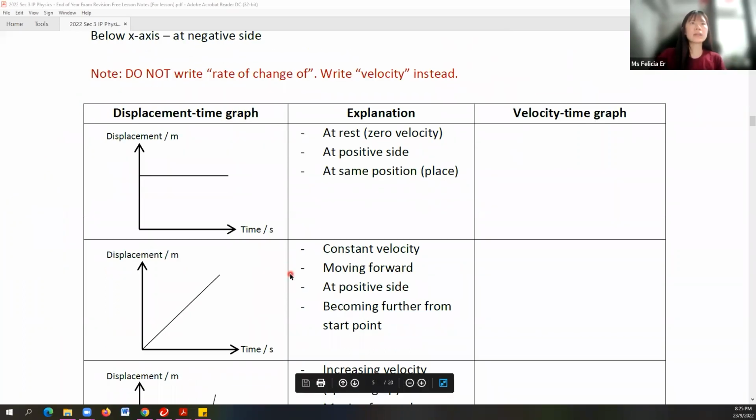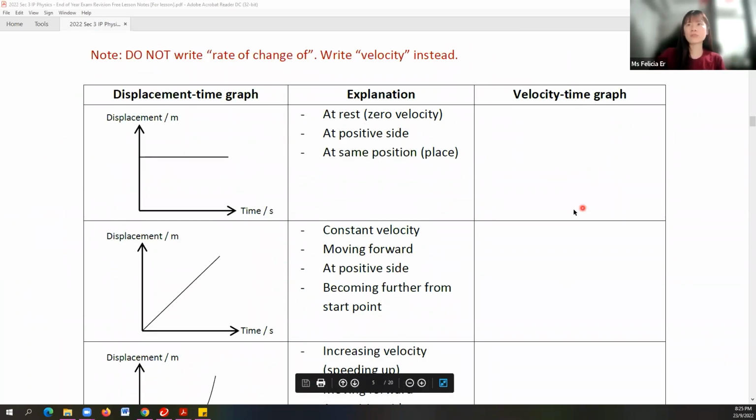Take note that right now we are going to do graph drawing. If it's sentence writing in kinematics, they will ask you to describe the motion of the vehicle. When they ask you to write, remember, don't write the words rate of change of. Rate of change of is a word they use in math. In physics, when you talk about the gradient, don't write rate of change of displacement.